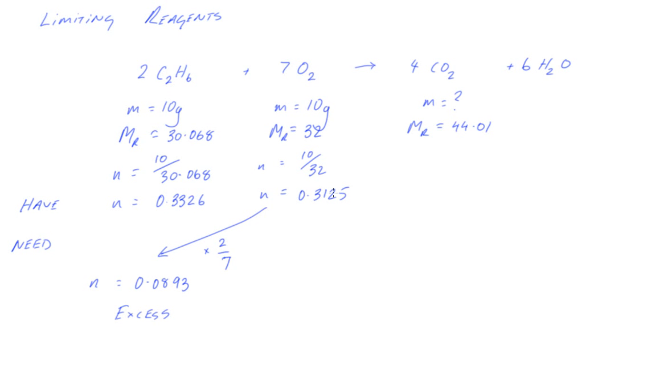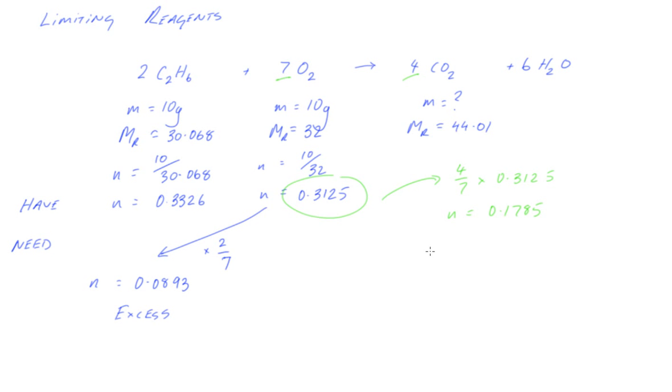So now all my calculations will be from this value. Now it goes from a 7 to a 4. It gets smaller, so I'll choose the smaller ratio. So 4 over 7 times 0.3125 gives me the number of moles equal to 0.1785.